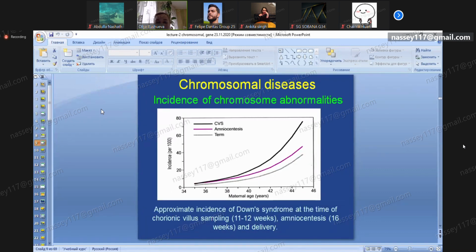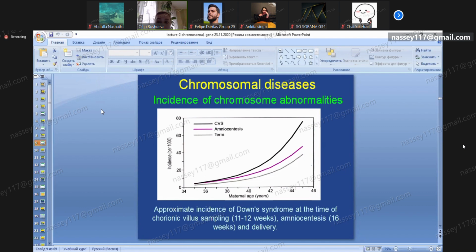Doctors, we know that maternal age is associated with a high risk of chromosomal diseases. On this slide, you can see the results of an investigation, which show us that maternal age after 36 years old is associated with increased risk of Down syndrome, as an example of chromosomal pathology, and with other chromosomal diseases also.